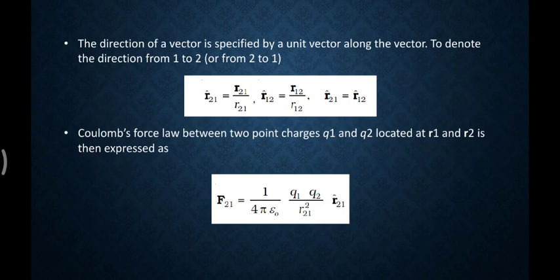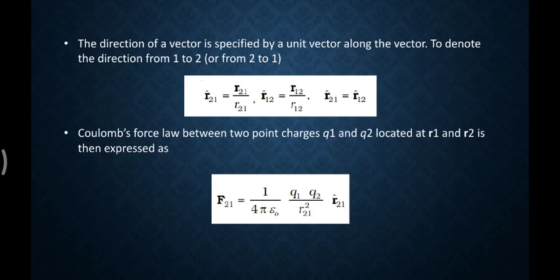So let us write the final vector form of Coulomb's law, F21. Which force? The force felt by particle 2, it means charge 2, due to 1. 1 upon 4 pi epsilon 0 is nothing but k, q1 q2 upon r square.